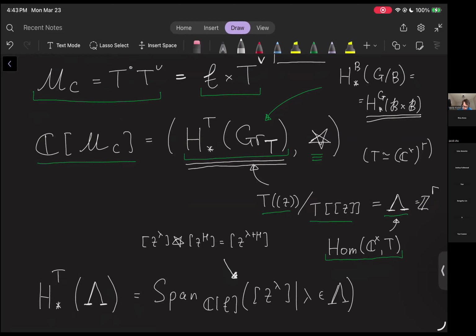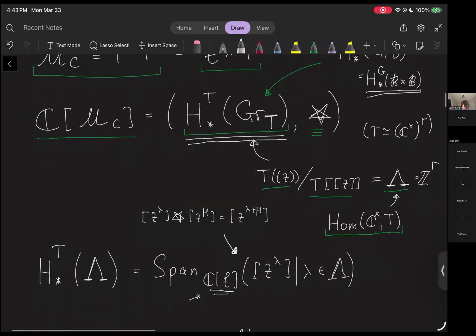And definitely what we get at the level of vector spaces, we will just get the span over these functions on the torus. That's nothing else but the equivariant cohomology of a point. And these are just the fundamental classes of the points of our lattice. And the claim is that this convolution product in this case is very, very simple.